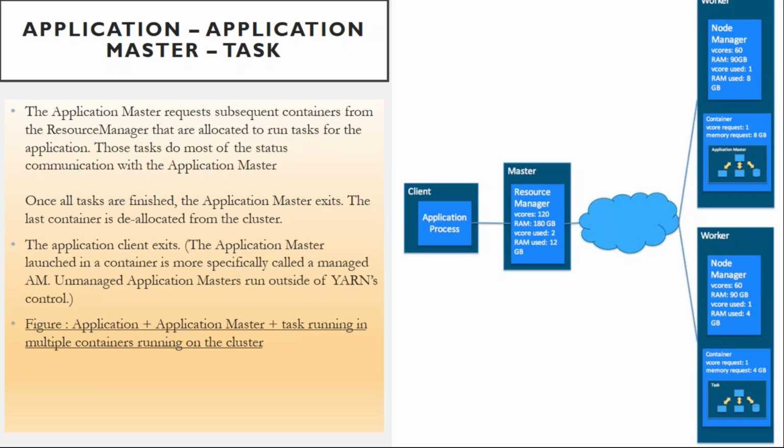The application master launched in a container is more specifically called a managed application master. This is very important. What is the difference between a managed application master and an unmanaged application master? Managed application master means it exits from the cluster the moment it finishes the work. Unmanaged application master means the one that runs outside of Yarn's control.